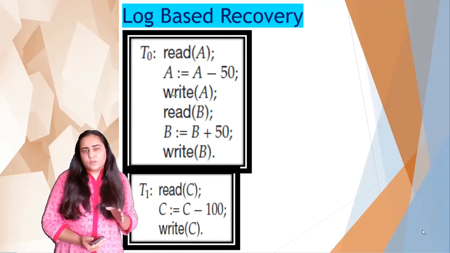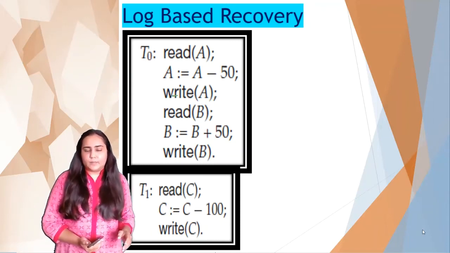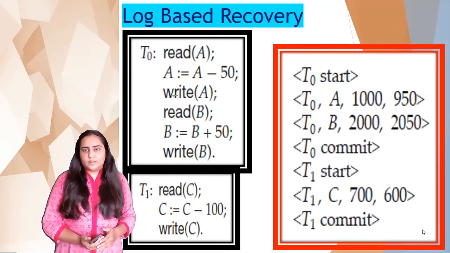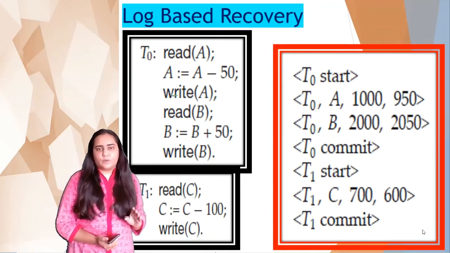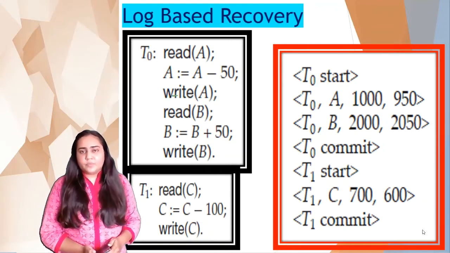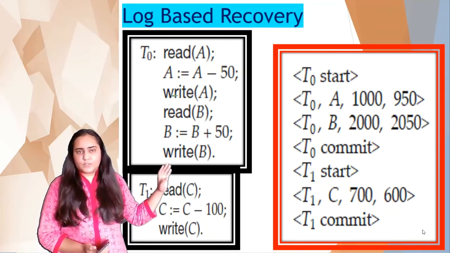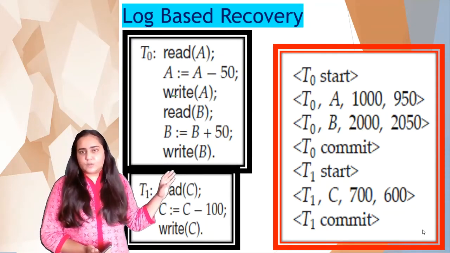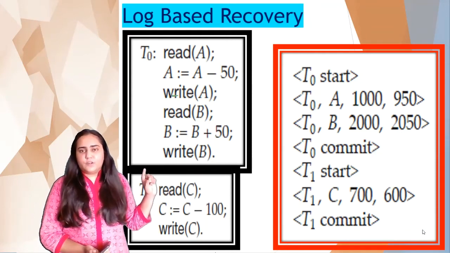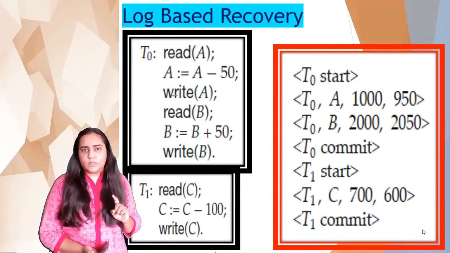Now assume that both transactions are happening serially, because it's just an example. So T0 is happening and then T1 is happening. This is what your log looks like. This is a file that is stored by your system. Because T0 is the first transaction executing, it will first make an entry in the file that T0 has started.